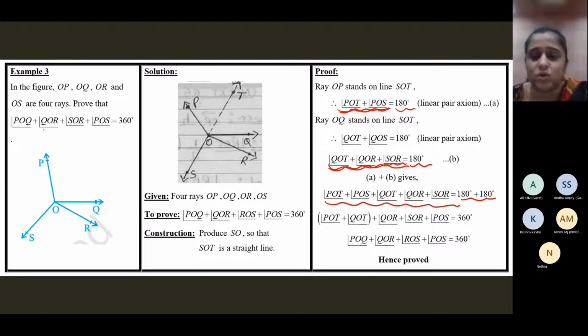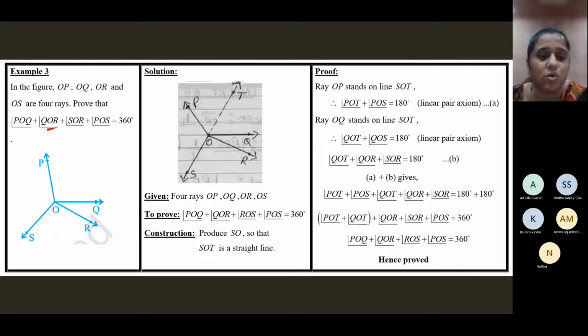Now, what do you have? Do you have POQ here? No. We need QOR, SOR, POS. So these 3 angles you need. You retain those 3 angles, because I'll show you again. Here we need QOR, then SOR, POS.